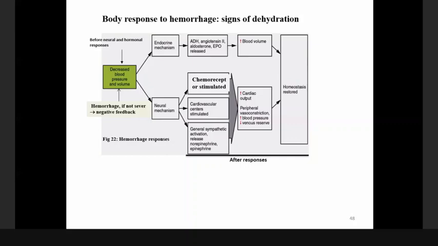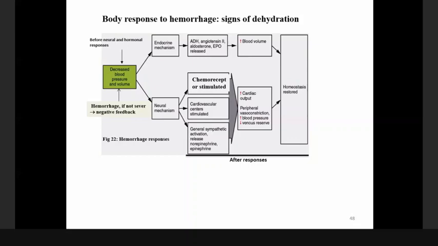So when there is hemorrhage, then blood volume and blood pressure are going to reduce. That means, for instance, if you lose a liter of blood, then blood volume gets less and blood pressure is reduced. Okay, then there are responses from your body during this condition, and you can categorize the responses as endocrine and neural responses.